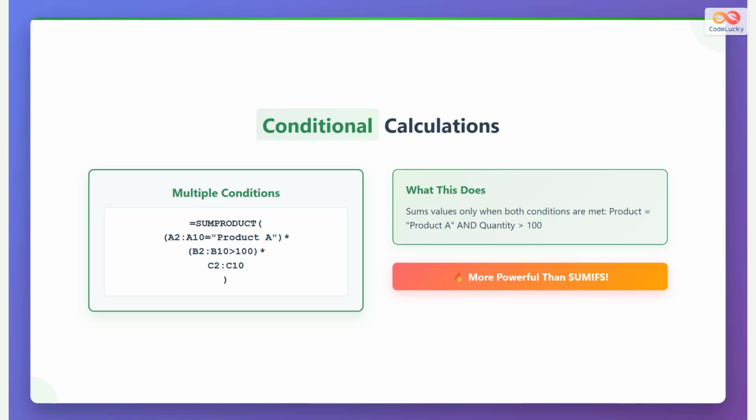Then the syntax will be =SUMPRODUCT((A2:A10=product)*(B2:B10>100)*C2:C10). It's more powerful than SUMIFS.